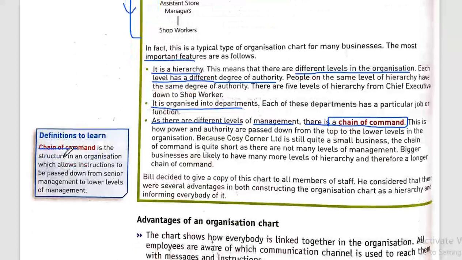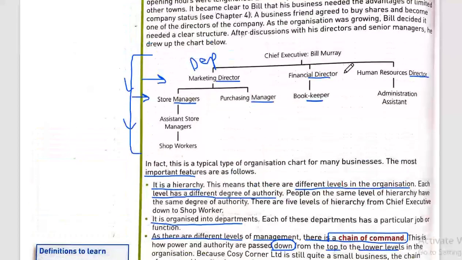Chain of command is the structure in an organization that allows instructions to be passed down from senior management to lower levels of management. So this is how power and authority are passed down, pay attention, down from the top to the lower levels in the organization. So when someone works as a director, they can send instructions and commands to all the lower levels in the hierarchy, which are the managers, the assistant managers, and the shop workers.